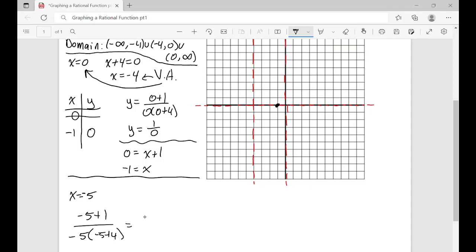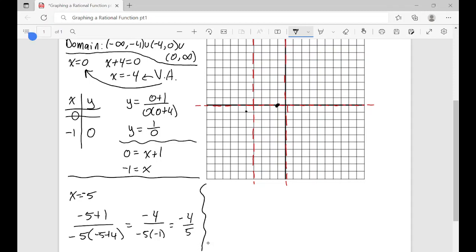That's going to give me a -4 up top, and a -5 times -1 on the bottom, which is going to be -4 over 5. So it's negative. So this graph exists somewhere in the bottom corner. So at -5 and -4/5, we'll say right there.